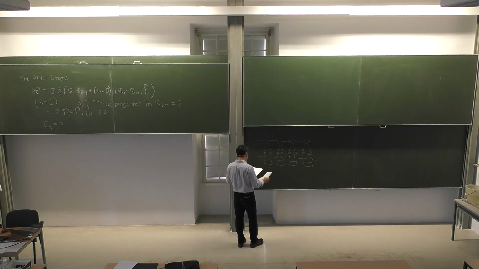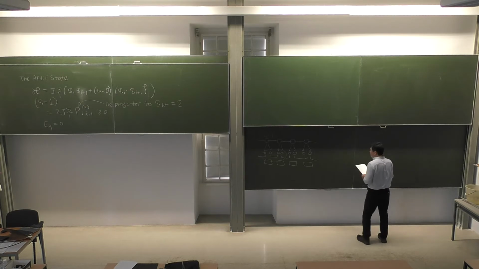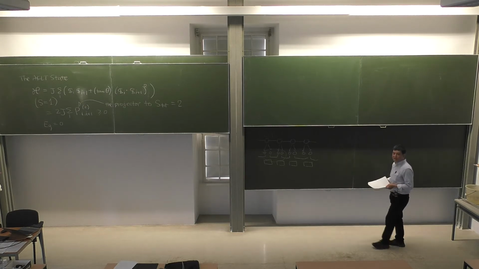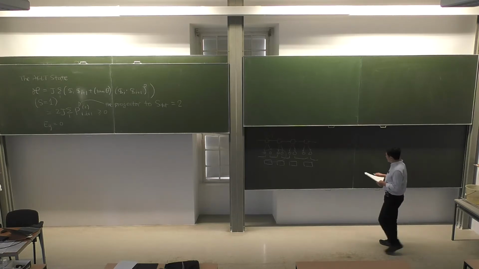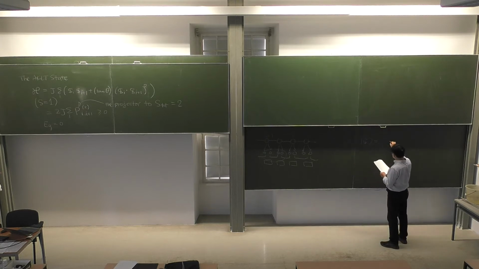Diagrammatically, in order to make this diagram closer to the more familiar tensor network representation, maybe we can draw a diagram like this.